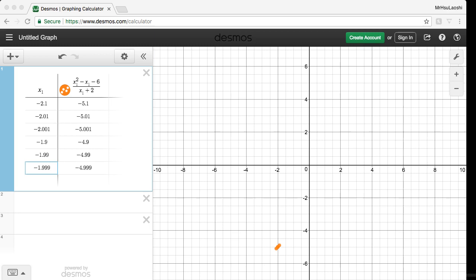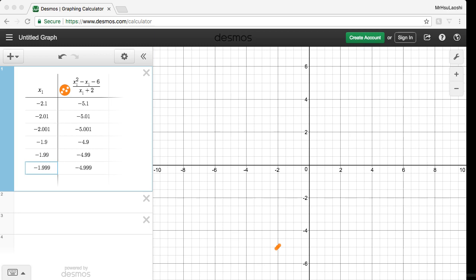So we see that we get toward -5.1, -5.01, -5.001. So at least from the left, we see that we're getting more and more toward -5.